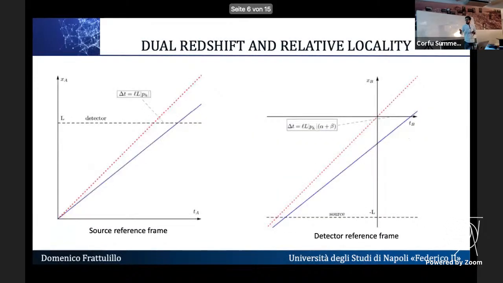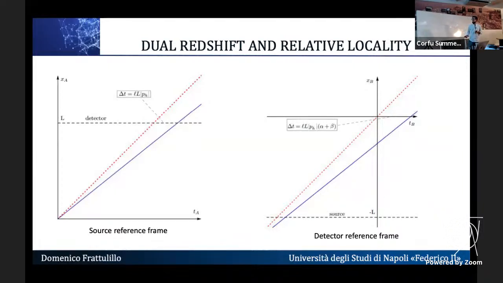And so let's understand what's happening. In the source reference frame, the two photons are emitted simultaneously according to an observer that is local to the source, and the two photons, the hard one and the soft one, will travel at different velocities, and so they will reach the detector at different times.